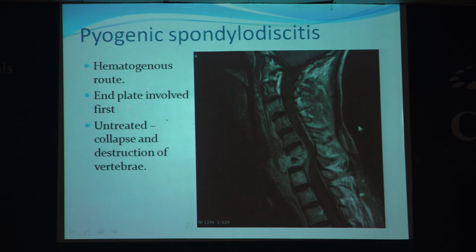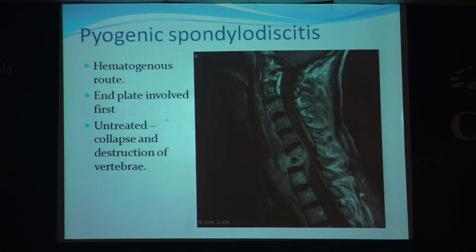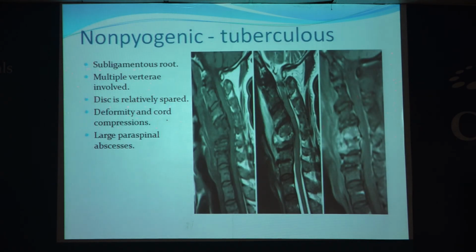Unlike that, in tuberculous spondylodiscitis usually the spread is subligamentous. So multiple vertebrae will be involved, and usually the disc spaces are spared. The prevertebral and paravertebral soft tissue is more in cases of tuberculous spondylodiscitis, and the deformity and cord compression is also more.